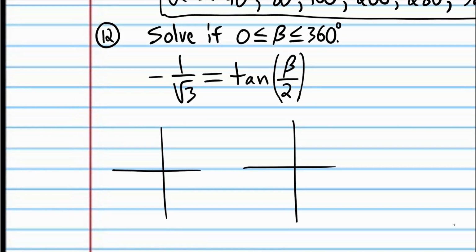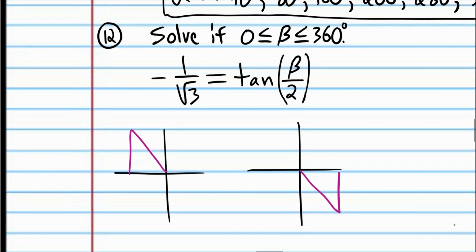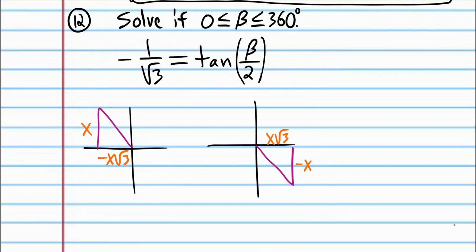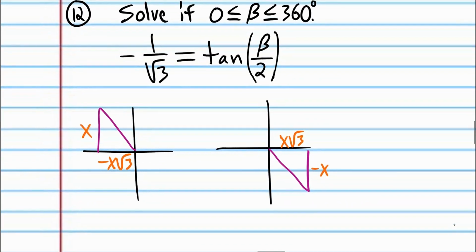Tangent is negative in the second quadrant or fourth quadrant. And tangent is opposite over adjacent. And so the angle opposite x is always 30 degrees.